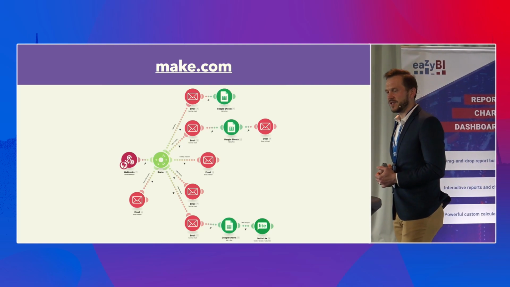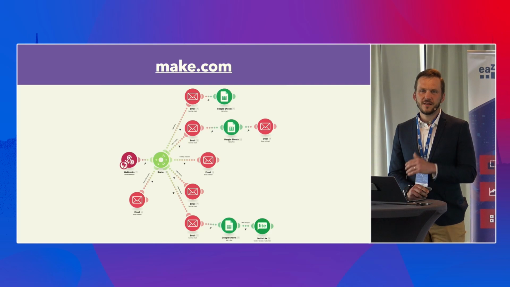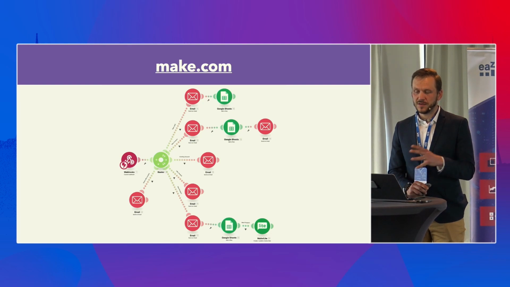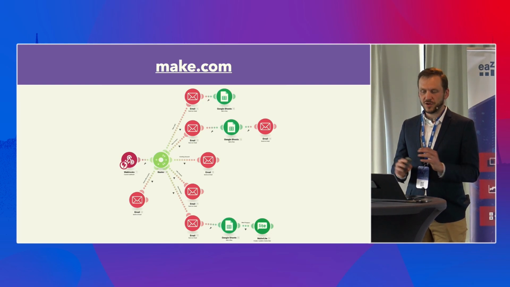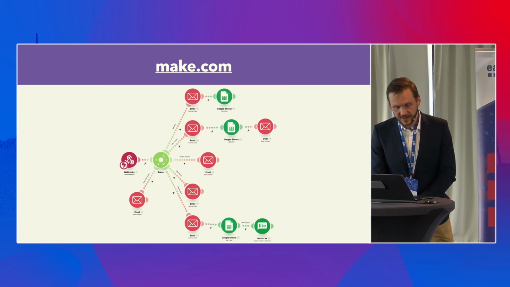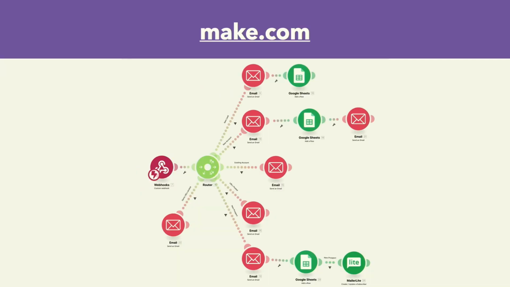So we made an integration basically between eazyBI and make.com, which is a platform that allows you to build integration workflows in this visual way. And so, for example, here you can see that whenever a new account is created, then we send emails to all the necessary parties.